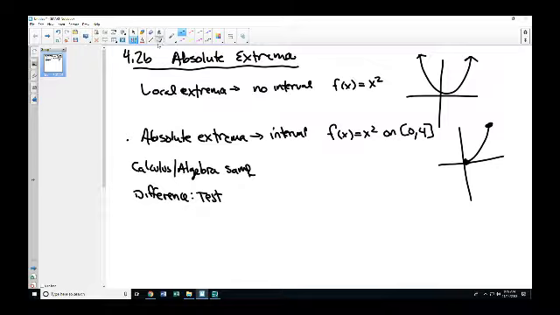So the algebra and the calculus are still the same. You just use a different test. For local extrema, we use the first derivative test, the sign analysis. With absolutes, we're going to do what's called the candidates test.